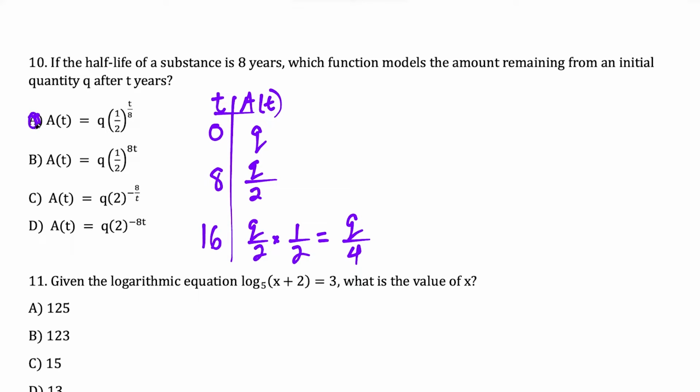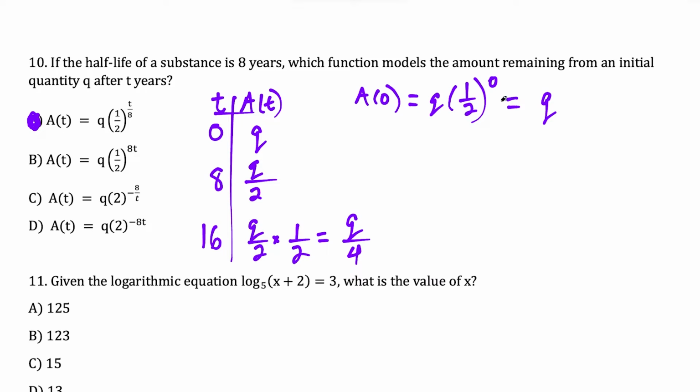So right away, I could see choice A is good, because if I plug in, let's say, t equals 0, we'd have A of 0 equals Q times 1/2 to the 0 divided by 8 is 0, and 1/2 to the 0 is 1.